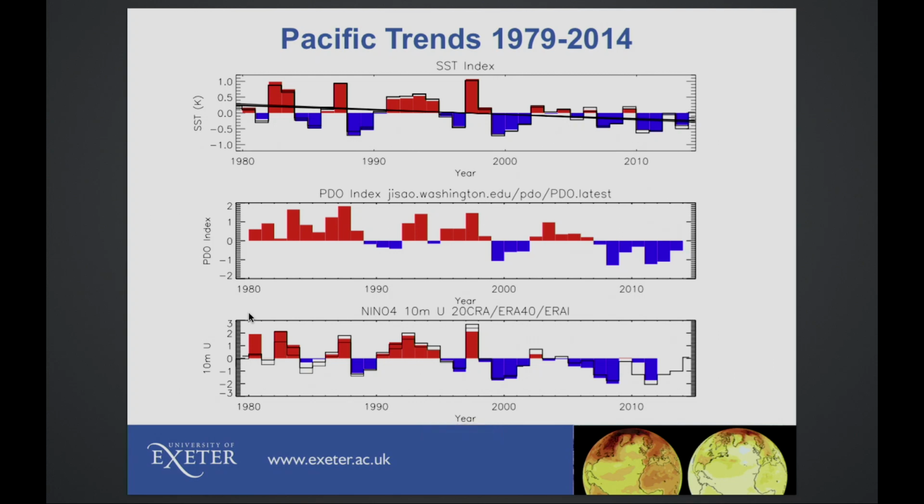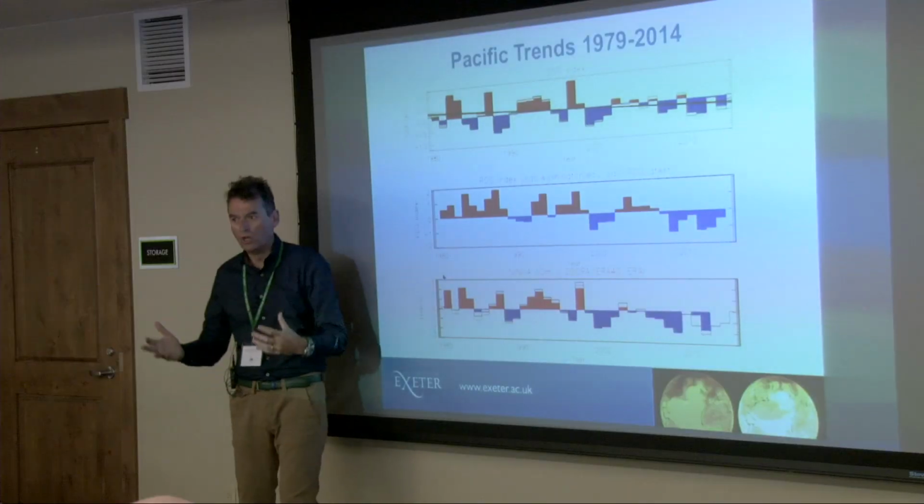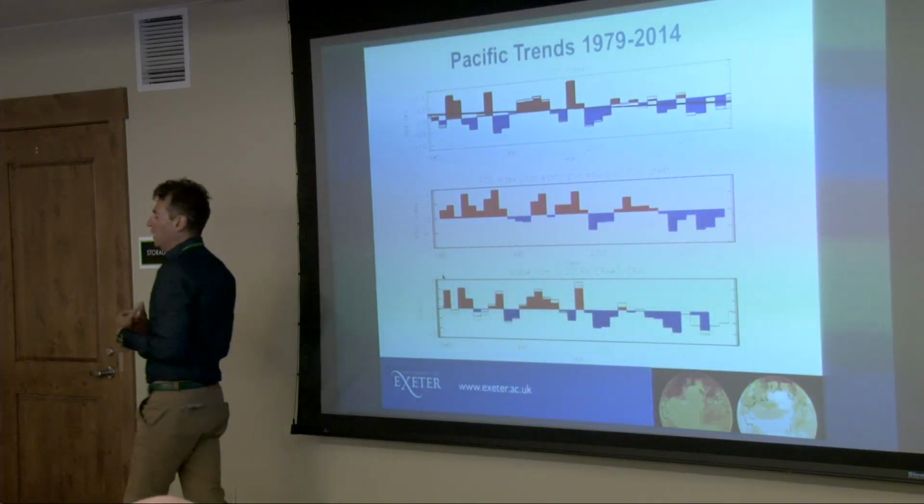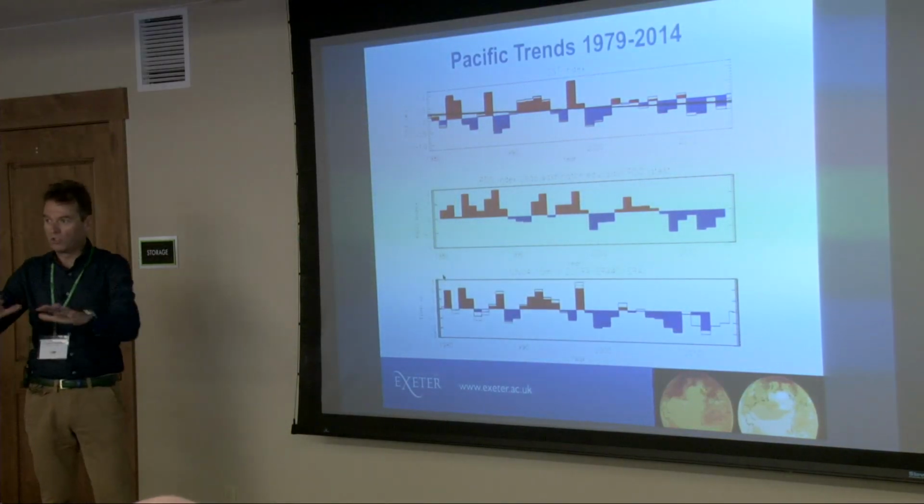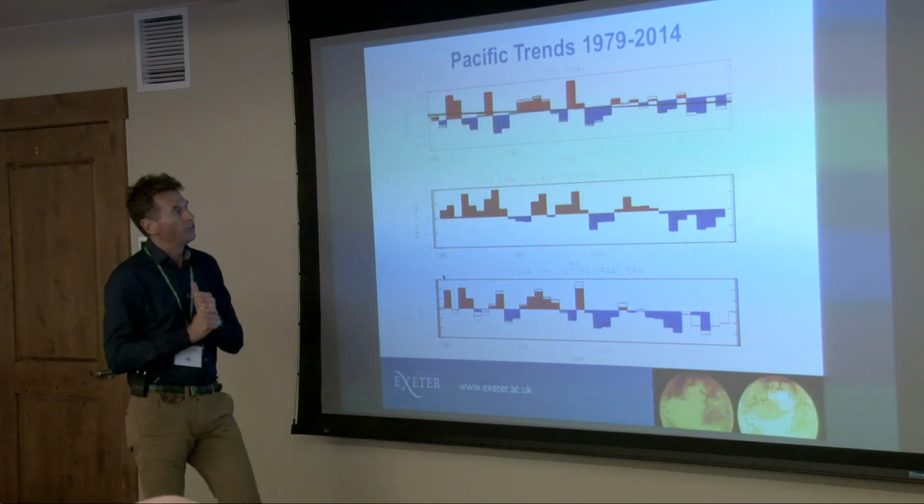If you do that, here is that index from 1979 up to 2014. The reason for looking at 1979 is that this is the period where we start having quite good satellite observations of SST, so we're not relying on a huge amount of infilling of sparse ship records, et cetera.